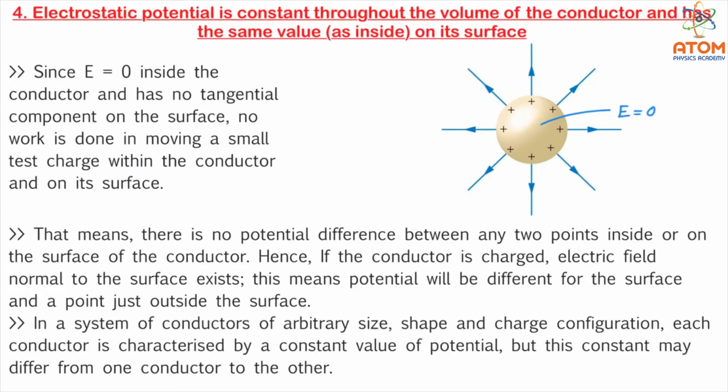Mind well, we cannot say that potential will be 0. We will see later on that even though electric field is 0, potential will not be 0 in some situations. But because there is no electric field, we need not do any work while moving any test charge, and that's why the potential here will be constant.